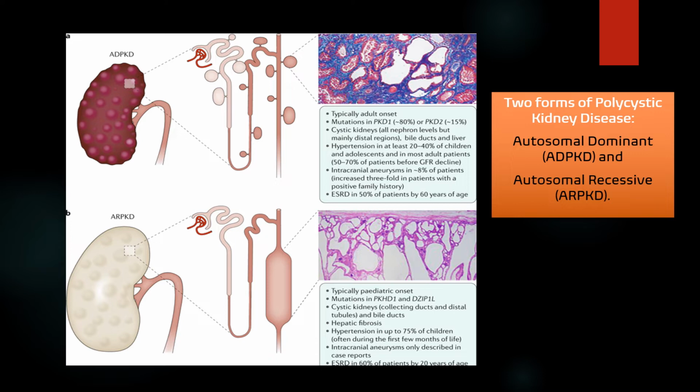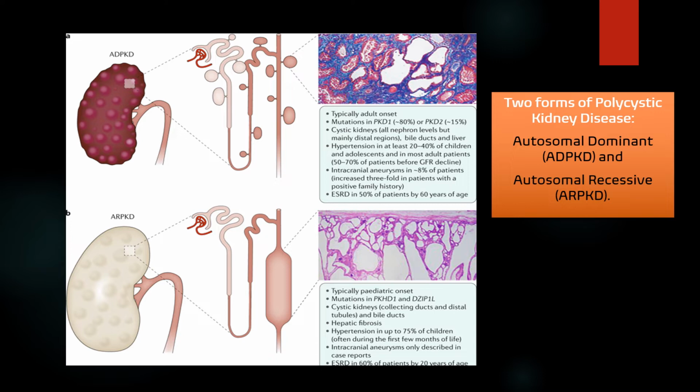For the cystic kidneys, the collecting ducts, the distal tubules and the bile ducts are mainly affected. There can be hepatic fibrosis, or scarring around the liver.